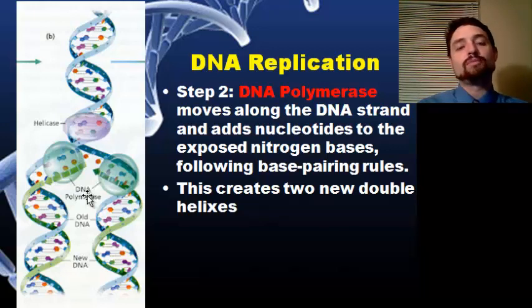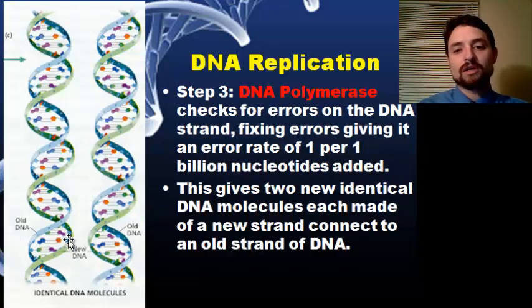They got this rule primarily from the work of Erwin Chargaff. We've discussed that in a previous lecture. He said that A is always in equal amounts to T, so A has to be bound to T. C is always in equal amounts to G, so C has to bind to G. And this creates two new double helixes. You can see those right here.